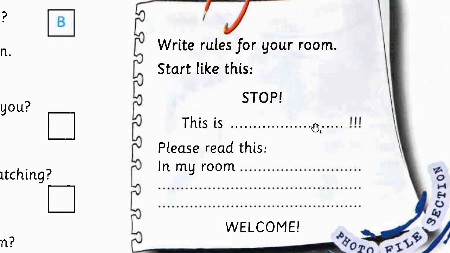This is Monk's room. This is, for example, Oyuna's room. This is Chimeg's room. Your name is coming here, and apostrophe S, then room. Okay, and then you continue.